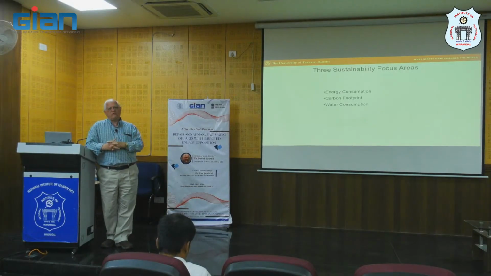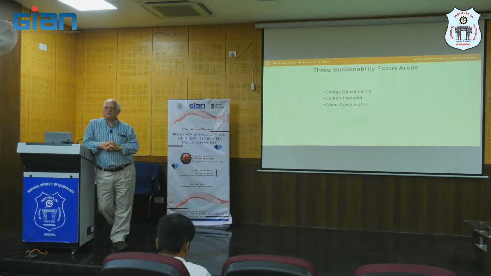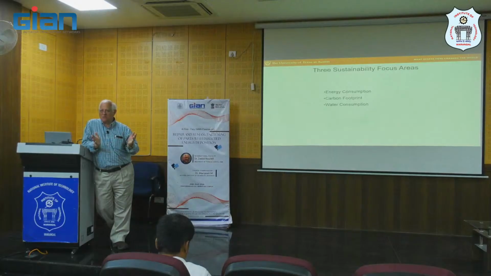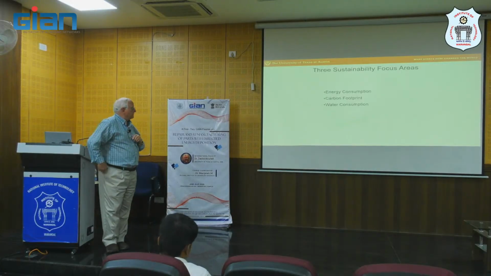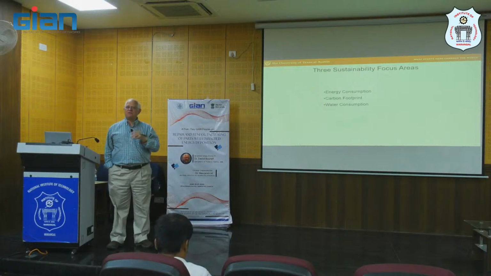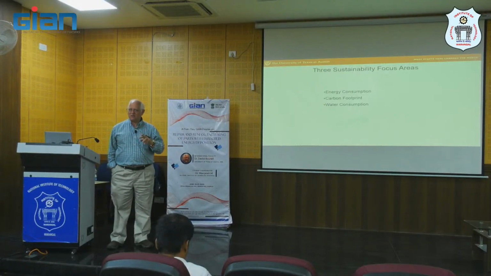There's also a carbon footprint, which is the CO2 emissions that are associated with the process, whatever it is we're doing, whether it's creating feedstock or doing a manufacturing operation. And it turns out that the first two are actually connected to each other.